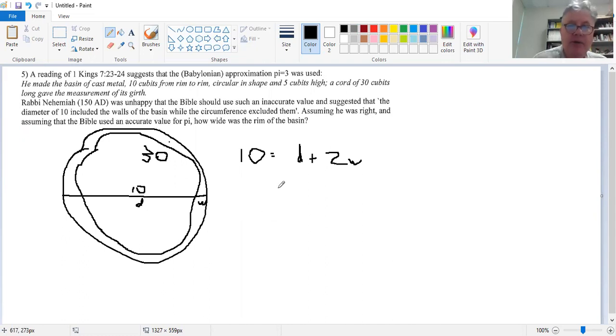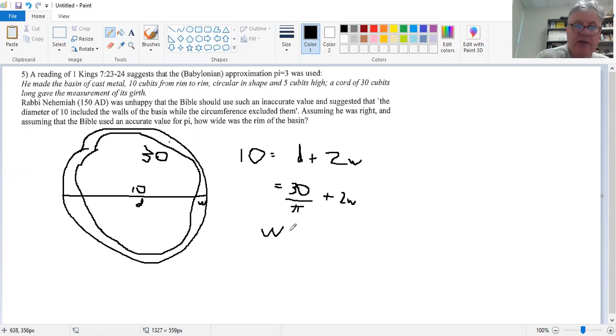Okay, so that means, well, if that's the diameter of the inner wall, then the circumference of the inner circle is 30, so d is 30 divided by pi, plus 2w, and now we've got an expression that we can solve for w.